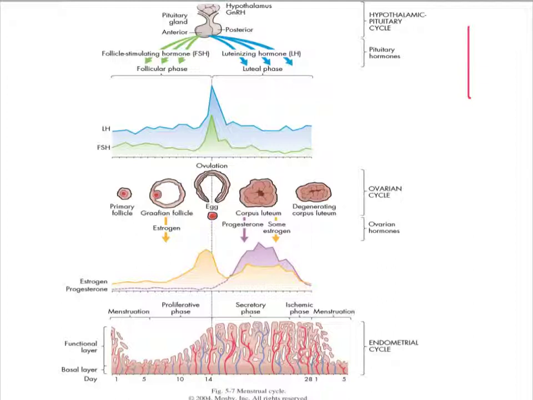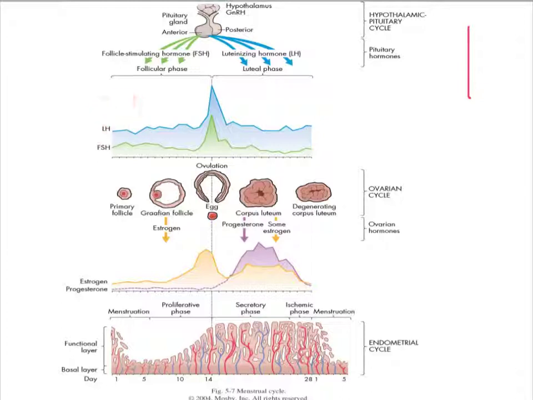The gonadotropin releasing hormone then signals the anterior pituitary to secrete follicle stimulating hormone and luteinizing hormone, and those in turn are going to signal the ovaries to begin developing the ovarian follicle. And the follicle is what will make estrogen.